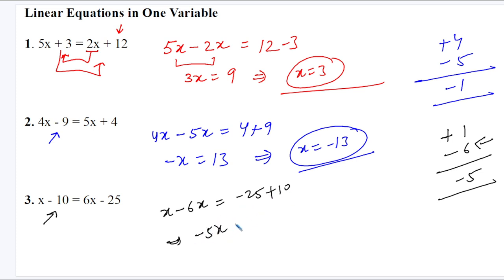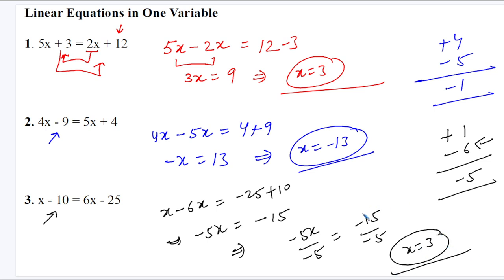So negative 5x is equal to negative 25 plus 10 is negative 15. Dividing both sides by negative 5 will give you x is equal to 3. We can remove the negative signs. So these are very easy questions in which we have just one variable involved.